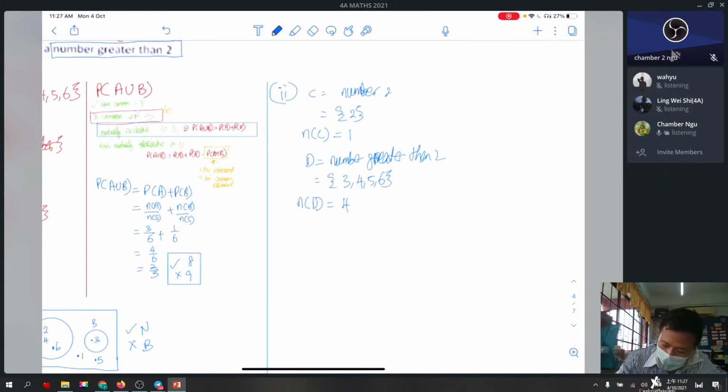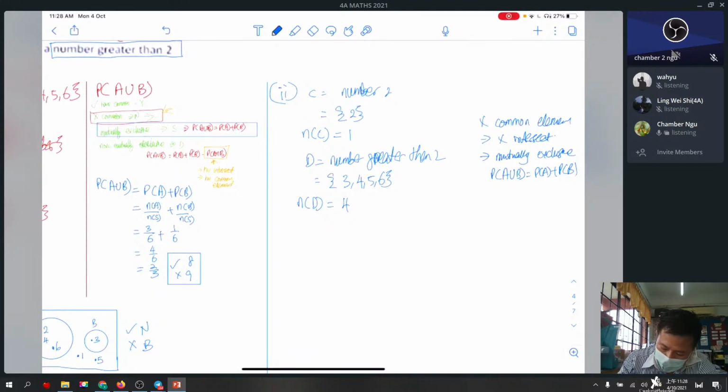Very good, Maria. Since we don't have a common element, that means we don't have an intersection. If we don't have an intersection, it means it's mutually exclusive. If mutually exclusive, A union B will be A plus B.